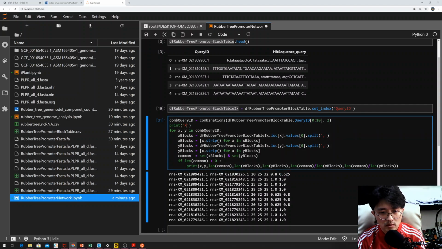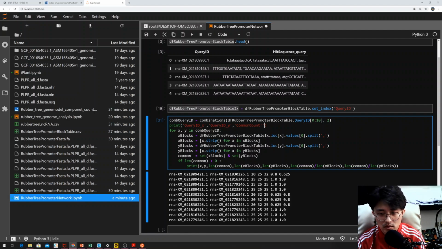So query ID x, query ID underbar y, and common length. It is not length, it is common count, right?